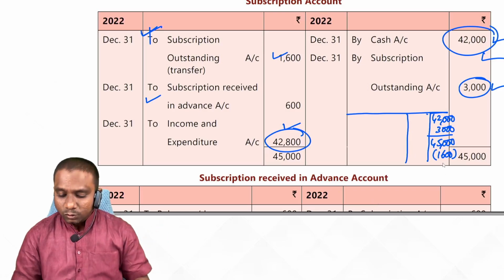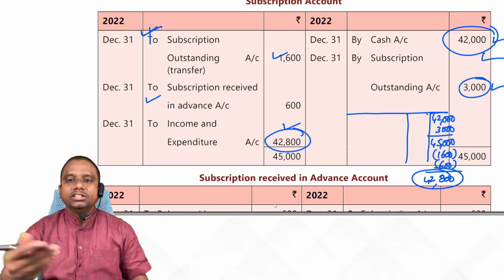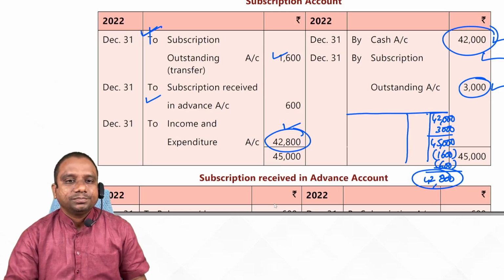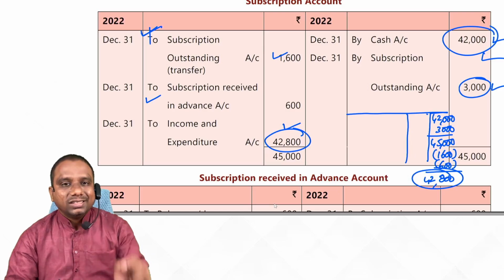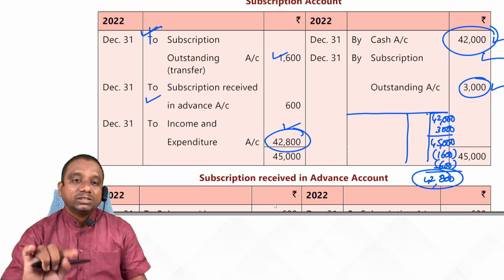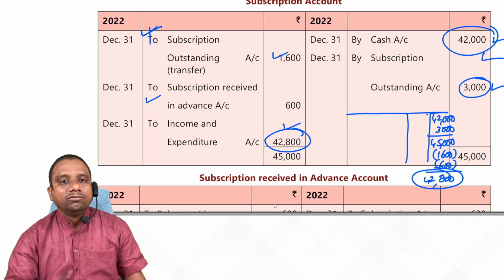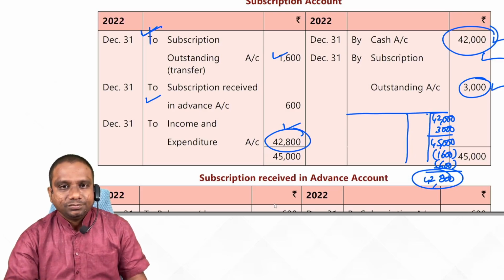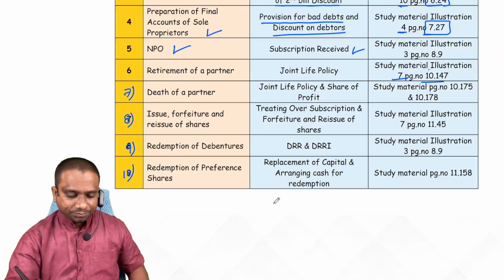And what is relating to next year? 600. Finally, how much amount you get? 42,800. This is shown in the income and expenditure. Yes or no, students? Same methodology is followed for expense also. This is income. For expense, all becomes reverse. So follow that. Next one.